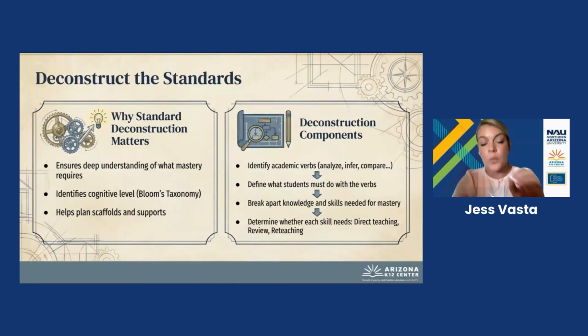So where and how are they applying them? We're going to break down the knowledge into the skills that are necessary to reach mastery. Finally, determine if each skill requires direct teaching, review, or reteaching. This step helps to ensure that instruction meets the standard to its fullest depth and rigor.